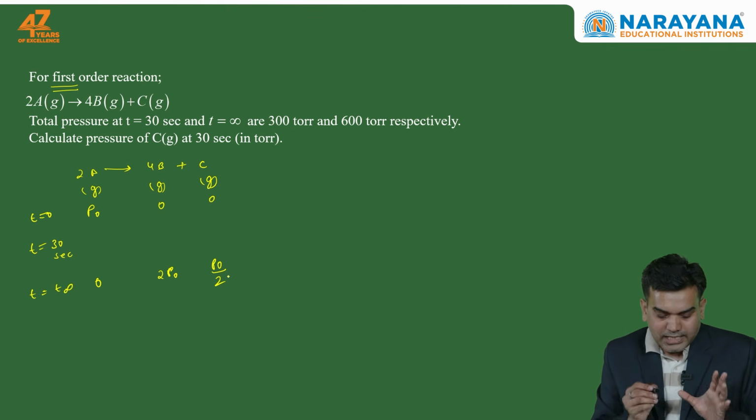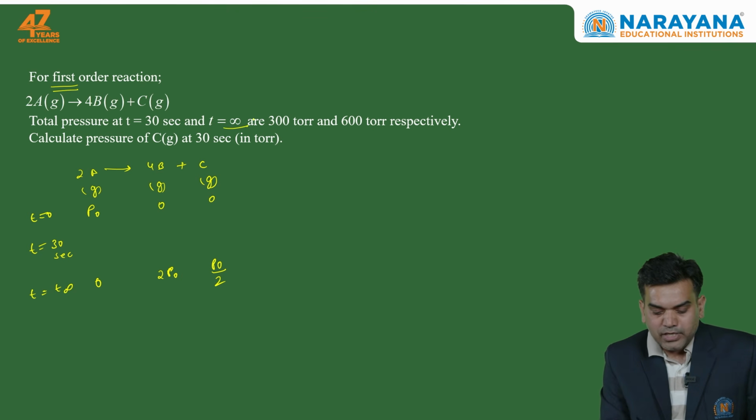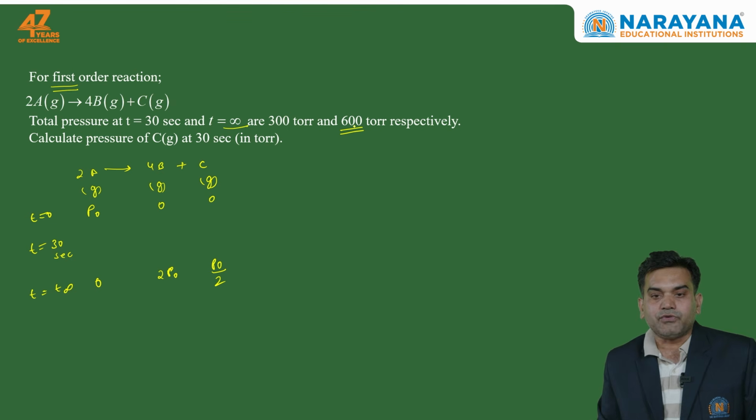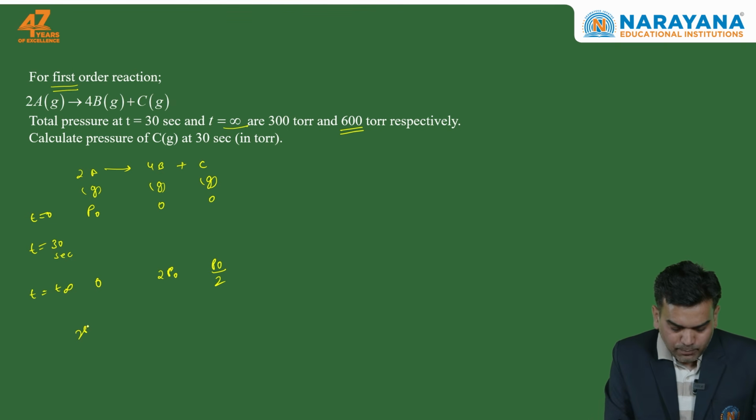They have given that at T is equal to infinity, the total pressure is 600 torr. So 2P naught plus P naught by 2 is equal to 600 torr.